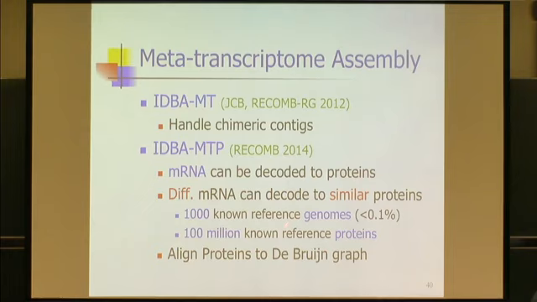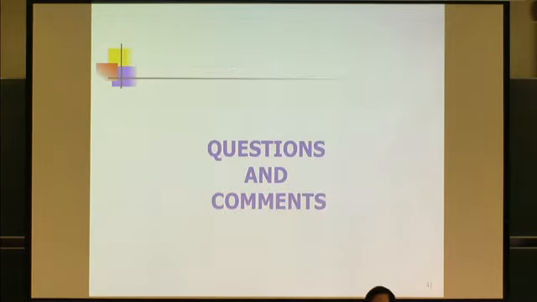Different mRNA can decode a similar protein, but we use the protein information as a guidance for doing the assembly. So we align the protein to the de Bruijn graph, using the protein database information to help the assembly, and this is something we did, and I think that finishes our talk, and questions and comments.